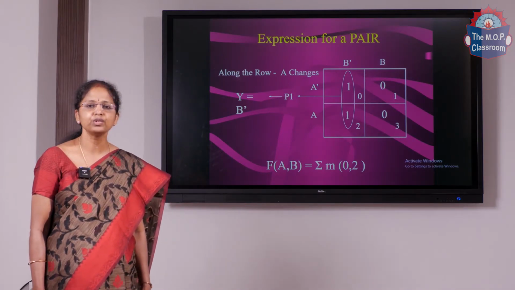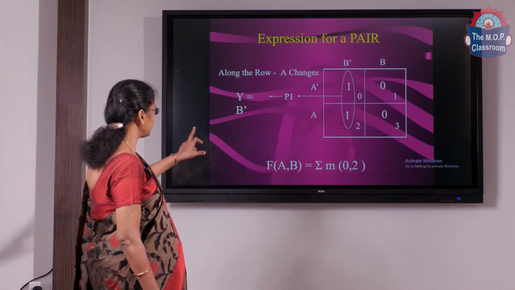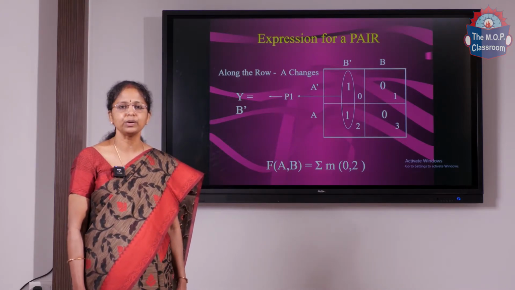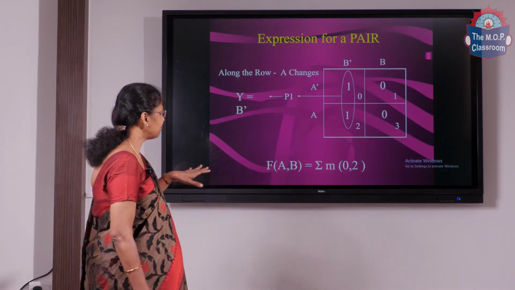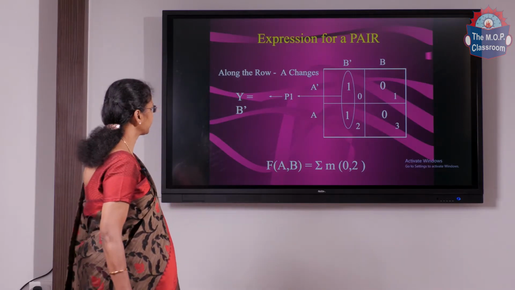So, we have to drop the variable A. So, finally, y is equal to B prime. So, this is the simplified Boolean expression for this particular problem.